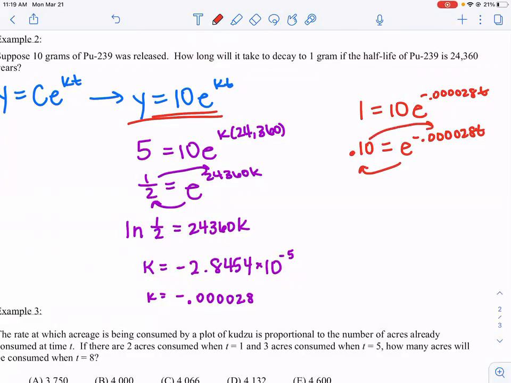Now, realistically, this number should be bigger or smaller than 24,360? Significantly, right? So we have the natural log of 1/10 equals this.